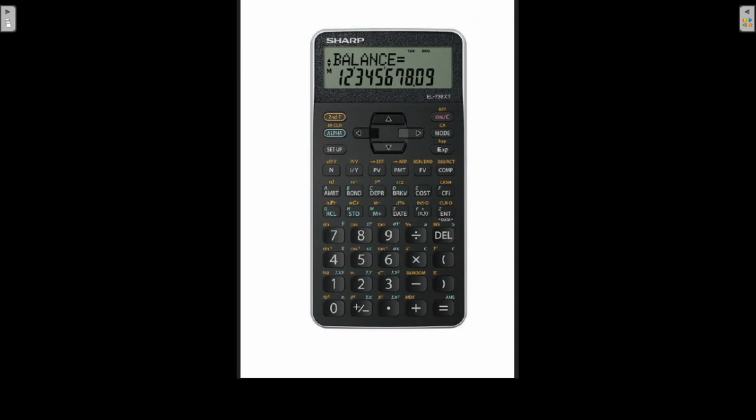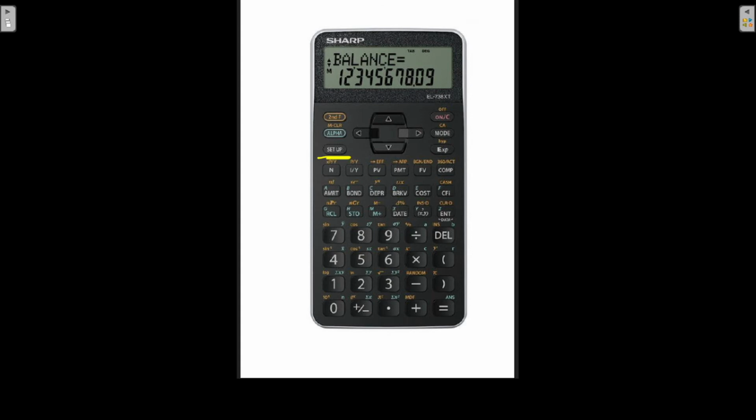Okay, first of all, you want to set the number of decimal places on your calculator. To do that, and you have this in your notes as well, so you can follow along, you will click the Setup button, and then you choose 0 for DSP.